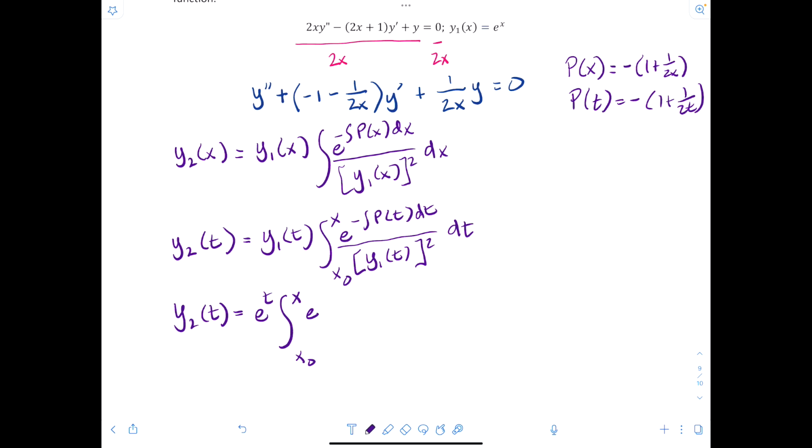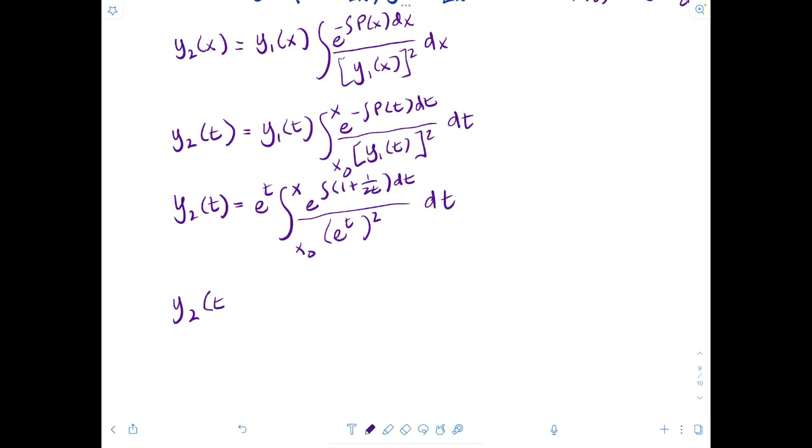The negatives will cancel each other out, so we'll have the integral of 1 plus 1 over 2t dt over e to the t squared, all with respect to t.